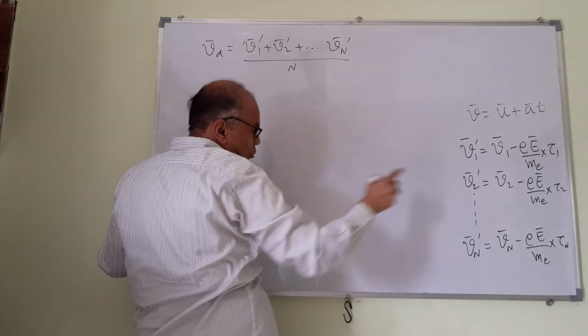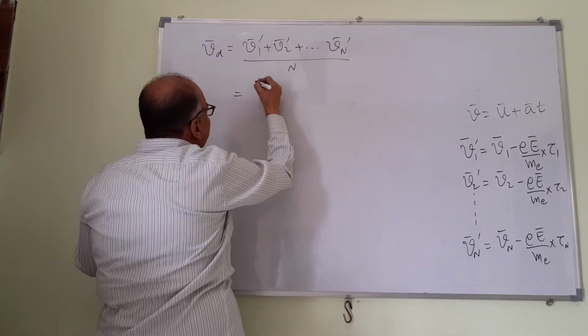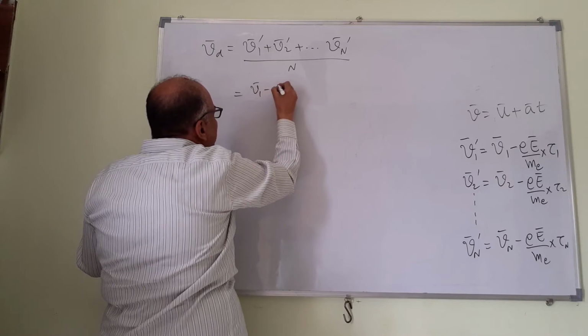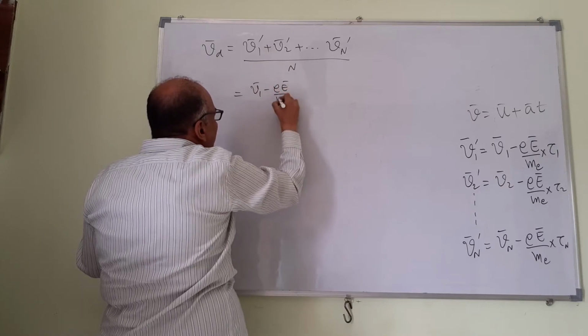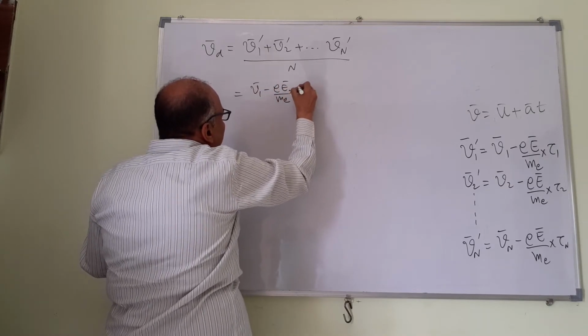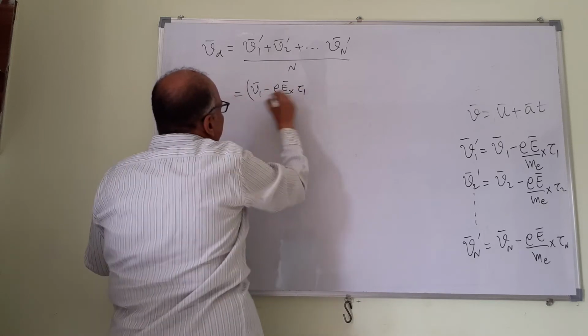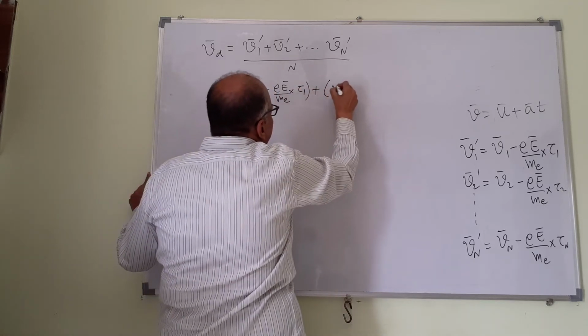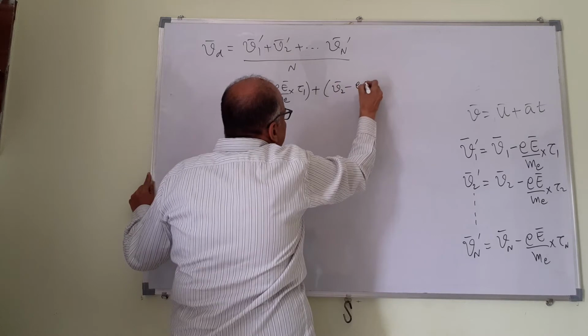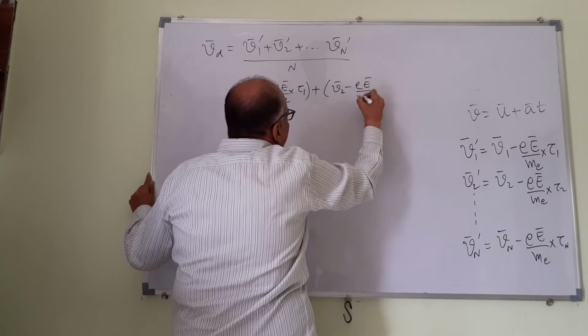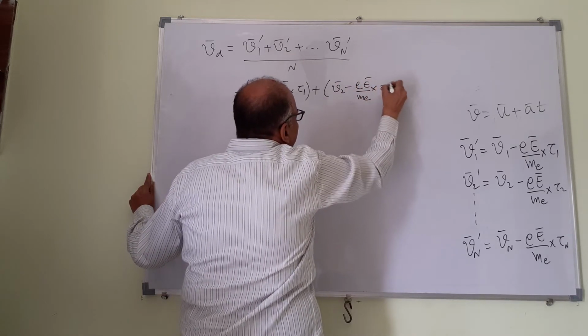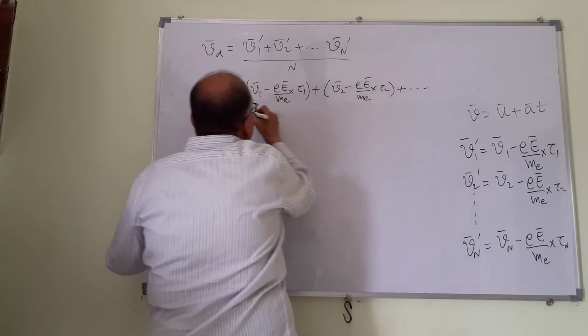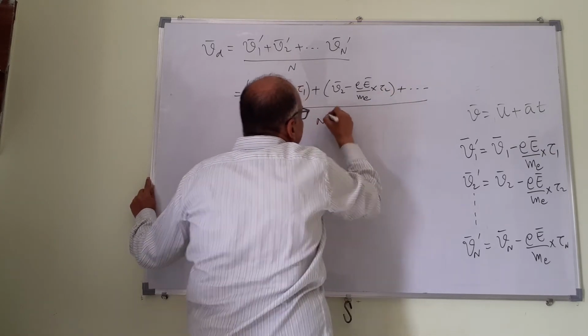Now if you substitute those values, you will get v1 minus e by me into tau 1, first term. Second term would be v2 minus e by me into tau 2, so on it goes, divided by n.